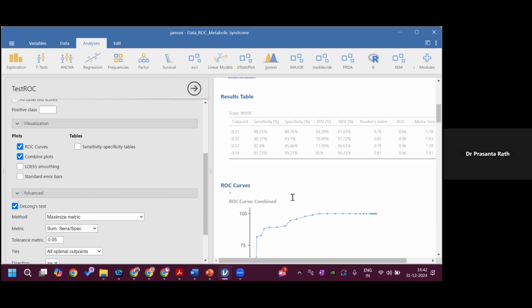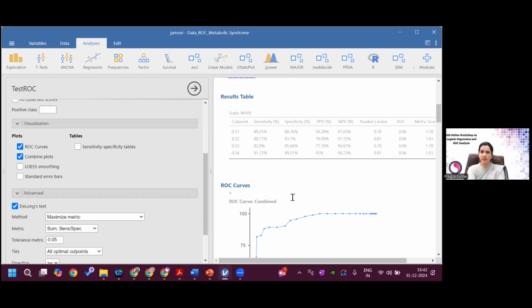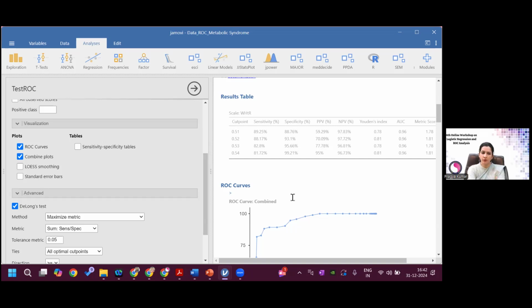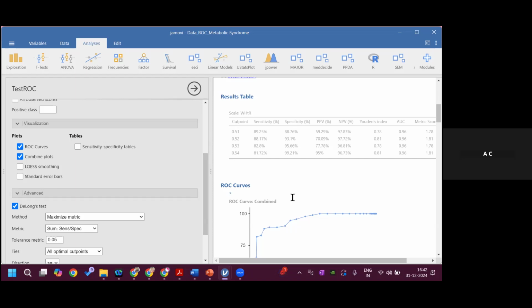So this validity is the sensitivity, specificity, and all these which you have calculated, and that's a single score. So the way we have done it, you can do. Individually for DM, I can find hypertension, and both combined also.